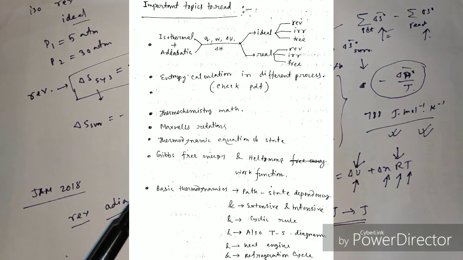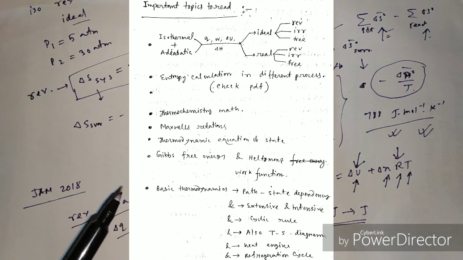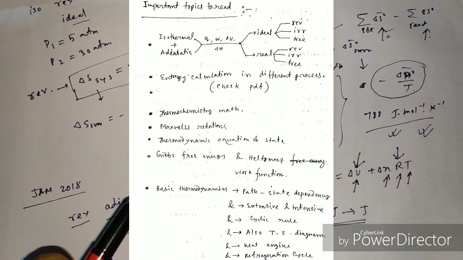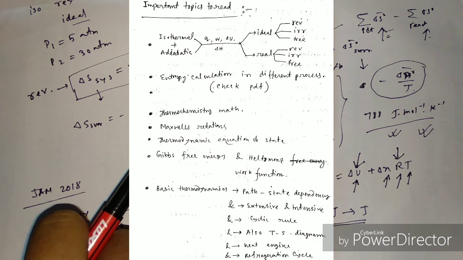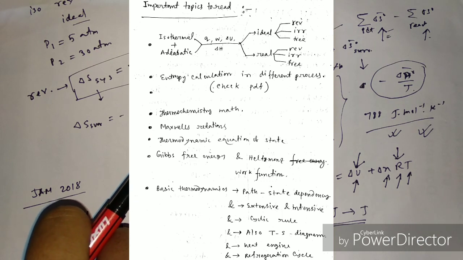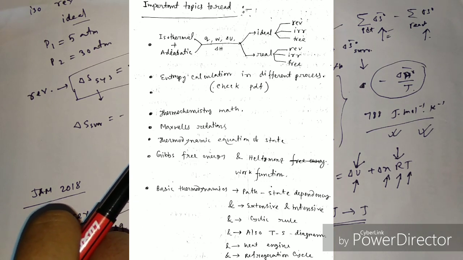Next is the topic of entropy calculation in different processes. It is also in the PDF. Then thermochemistry math. The different kinds of math you have done in your 11th or 12th standard are actually enough, so you have to do those.